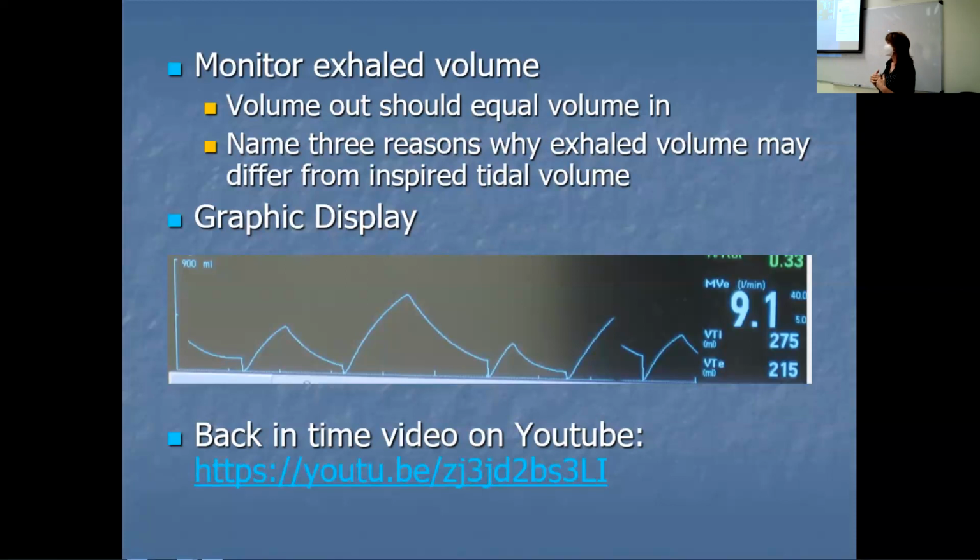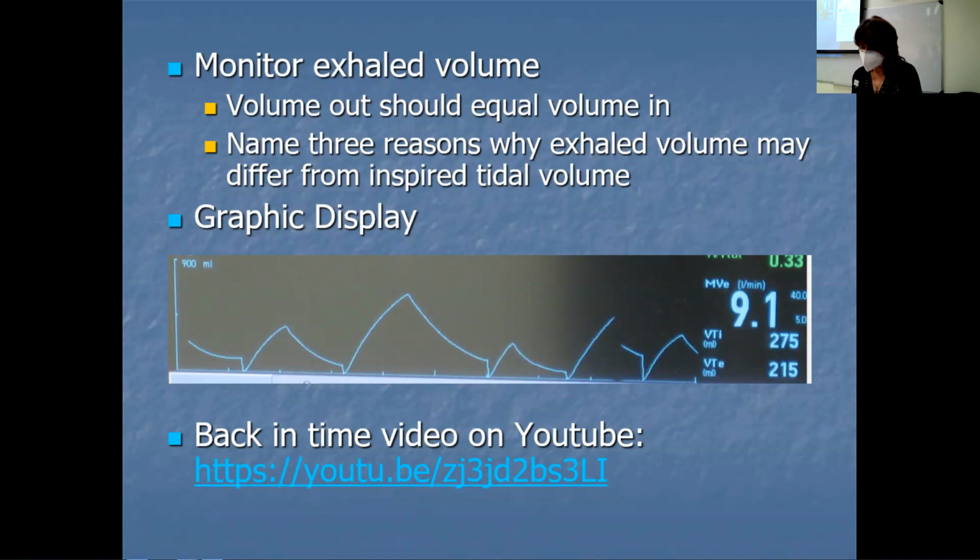So trapped air eventually comes out, but it may not come out in one or two breaths. It might come out in the third breath or the fourth breath or the fifth breath. So if there's air trapping, it will come out, but not the next breath.